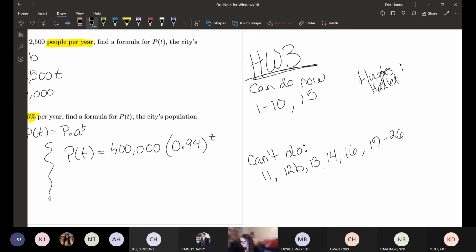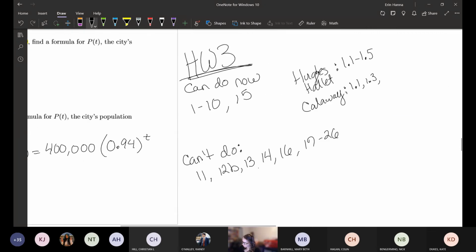In the Hughes-Hallett book, it's essentially sections 1.1 to 1.5. In the Callaway, it would be 1.1, 1.3, 2.4, and 1.7.